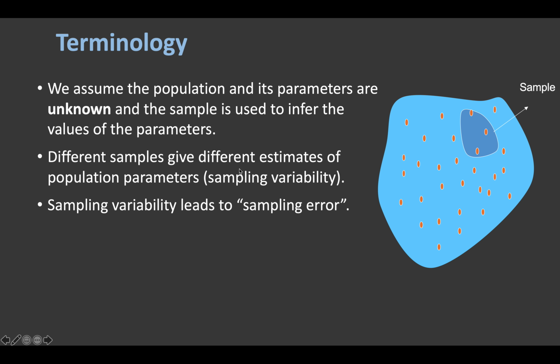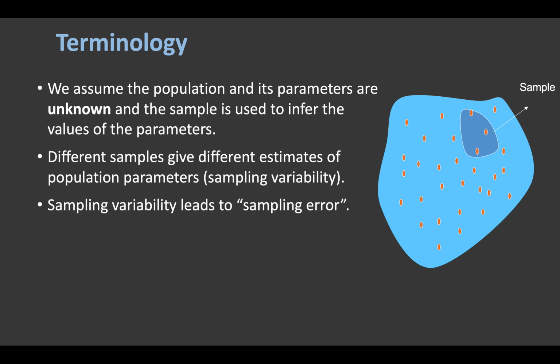And you can see different samples give different estimates of population parameters, which is called sampling variability, right? Like I said, if I choose a preschool class to find the average age of the United States population, or I choose a nursing home, or I choose a country club, they all give different numbers, right?